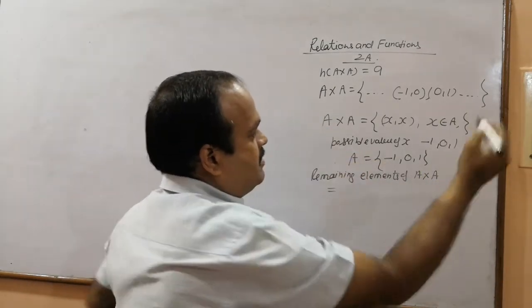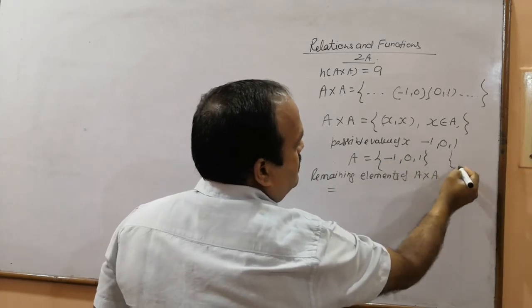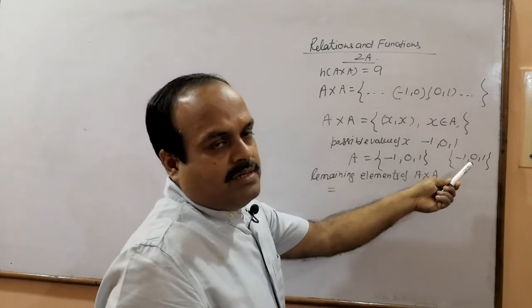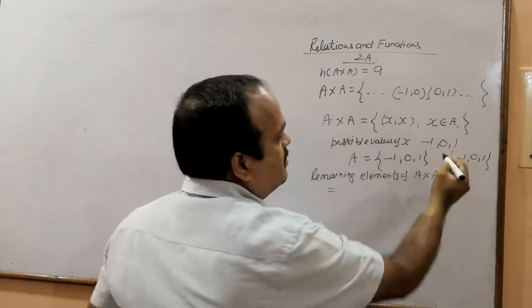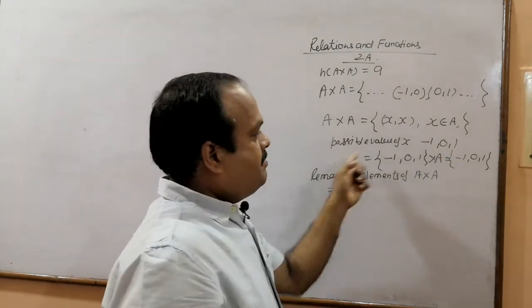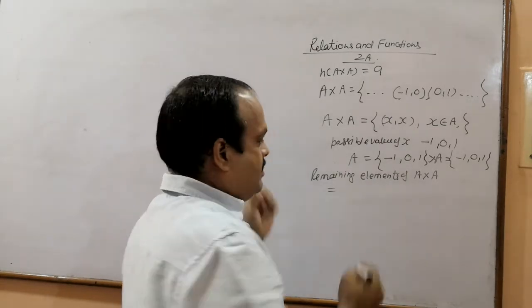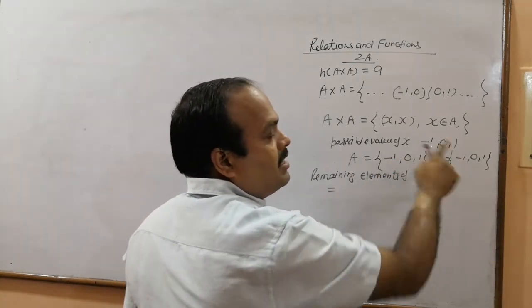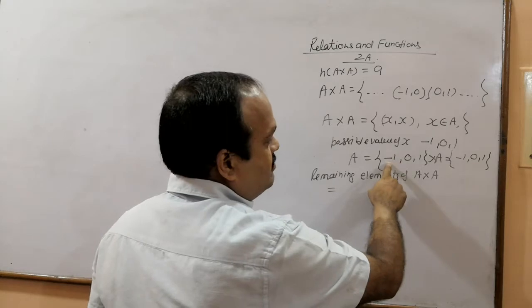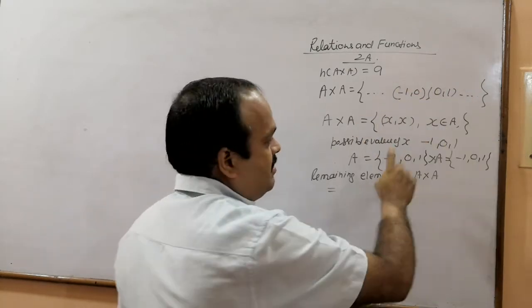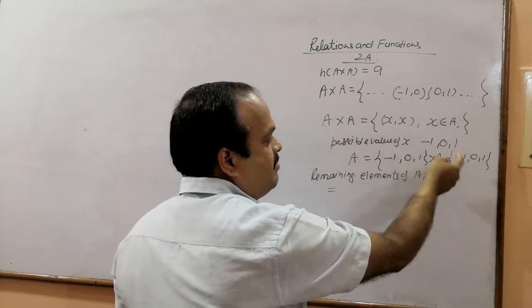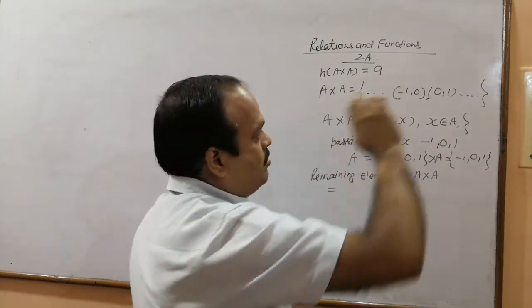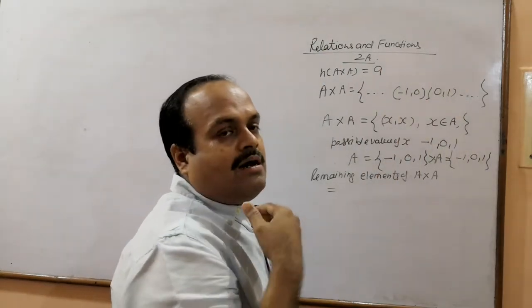Start with -1, write the elements of A and then again the elements of A. To get the Cartesian product of set A and set A, we will write -1 with -1, that will give you the first element, then (-1, 0) the second element, (-1, 1) the third element, (0, -1) fourth, (0, 0) fifth, (0, 1) sixth, and so on.